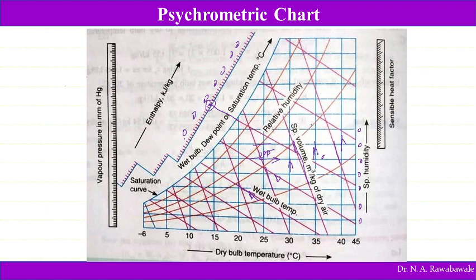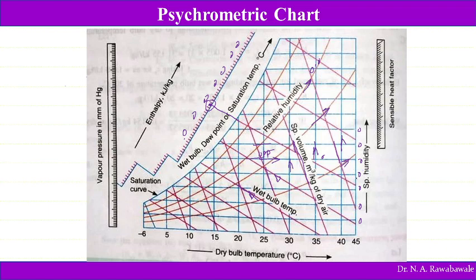You can see the curves here; these curves give us relative humidity. Relative humidity will be written along these lines, so that will be known to us. To what extent the air is saturated can be identified with the help of the relative humidity line.